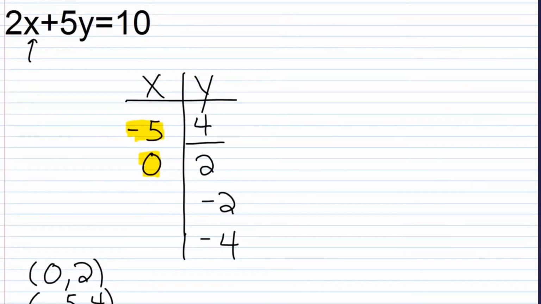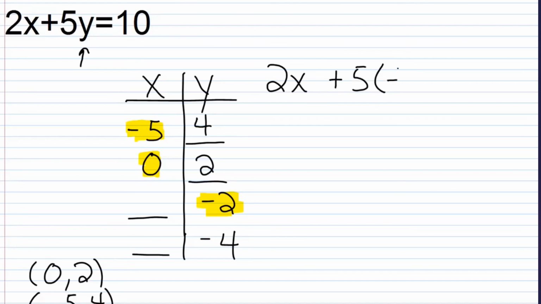Now, if we move down, I've given you some y values. I've given you a y value of -2. We need to find a corresponding x value that makes the equation a true statement. So if I plug a -2 in for y now, you'll have 2x plus 5 times -2 equals 10.